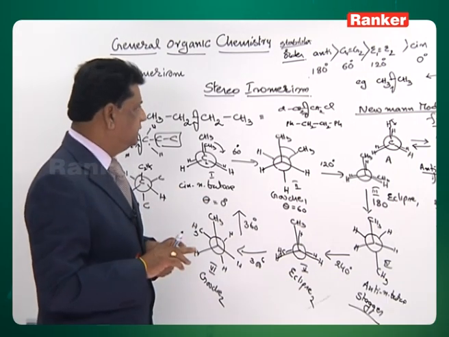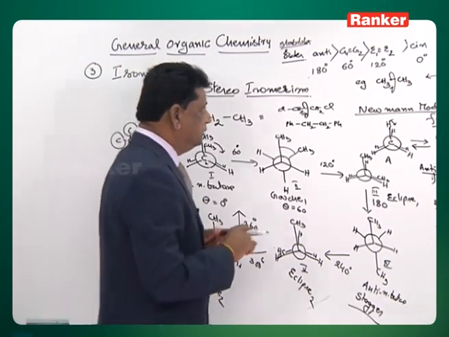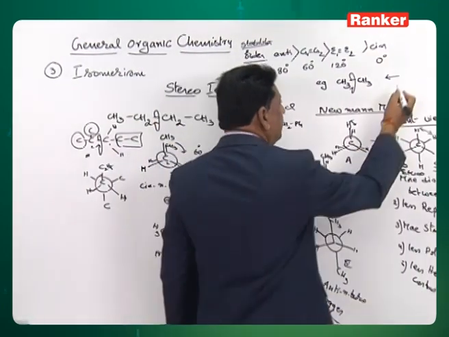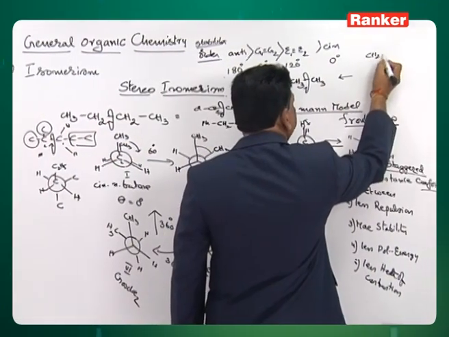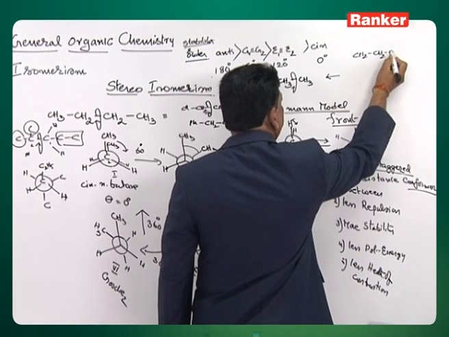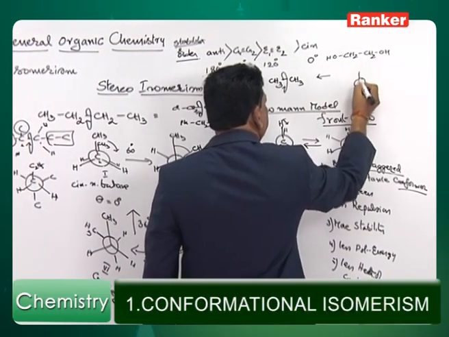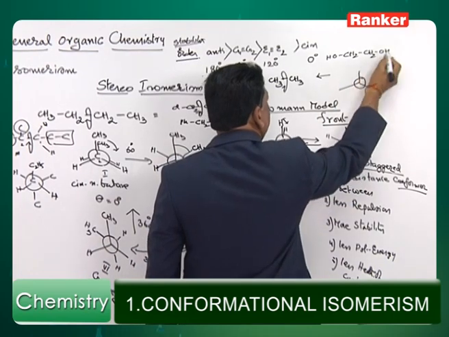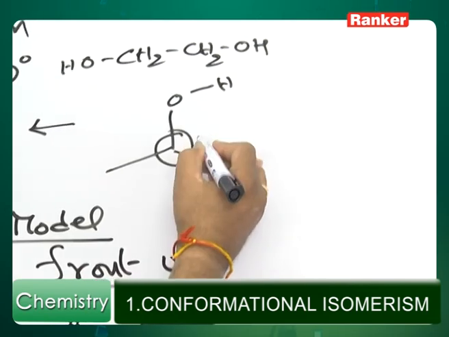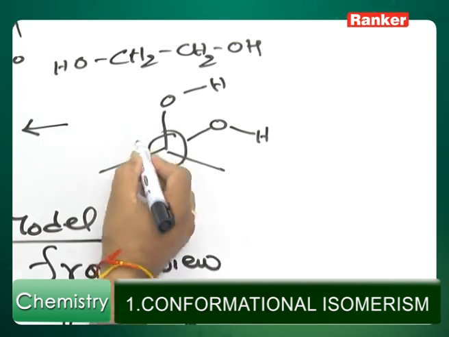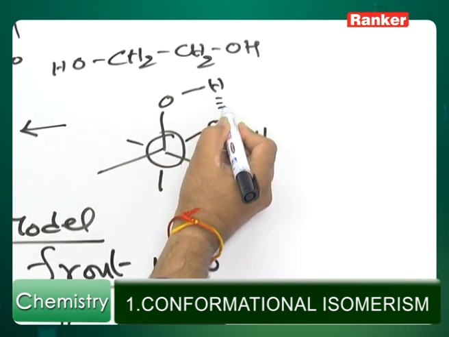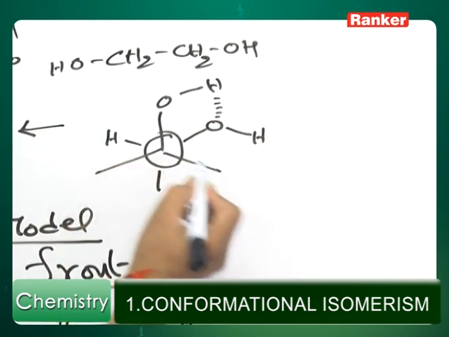Except in a few cases. For example, I will give one specific example: CH2OH with CH2OH. In this case, the OH of the first carbon and the OH of the second carbon will have hydrogen bonding, it seems. This is called what? Ethylene glycol.